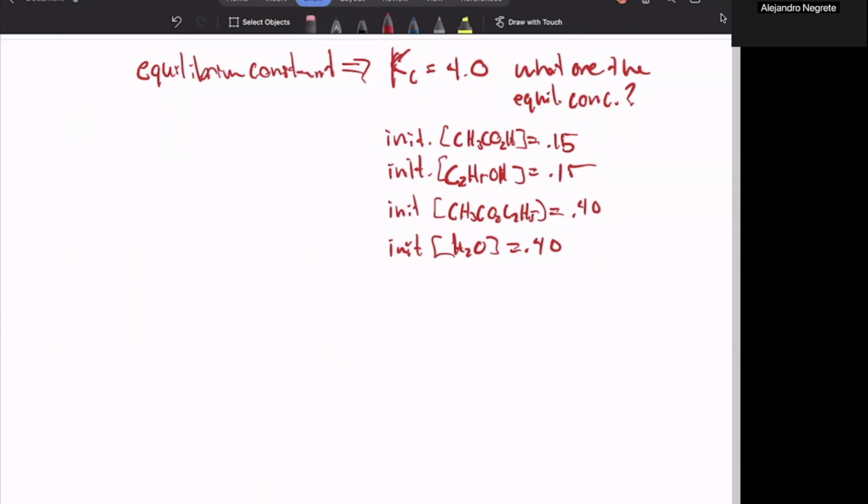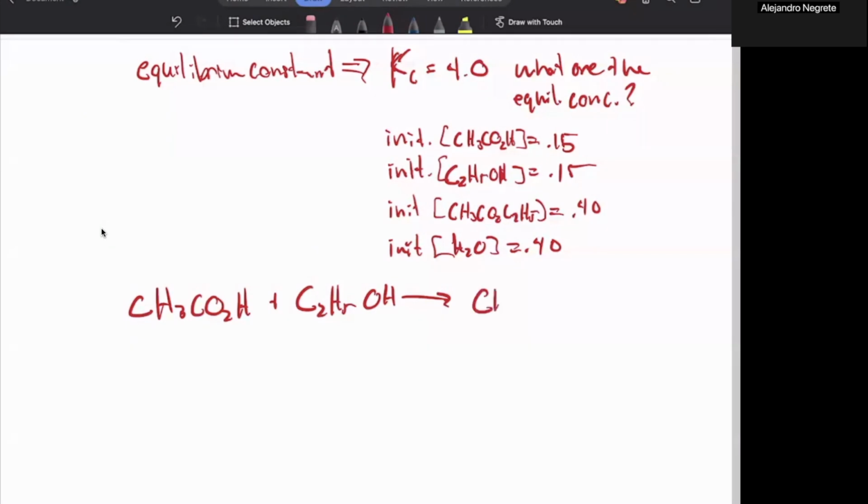Yes, we're going to throw all of these in here. Let's get our formula together here. And there's also just one more piece of information that I don't want to forget. But let's get this reaction here. So we have CH3CO2H plus C2H5OH.